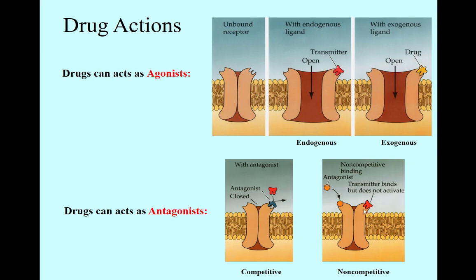This is called non-competitive binding. So both agonists and antagonists can work this way. They can have competitive or non-competitive binding. So once again, agonists mimic the response, antagonists block the natural response of the naturally occurring neurotransmitter.